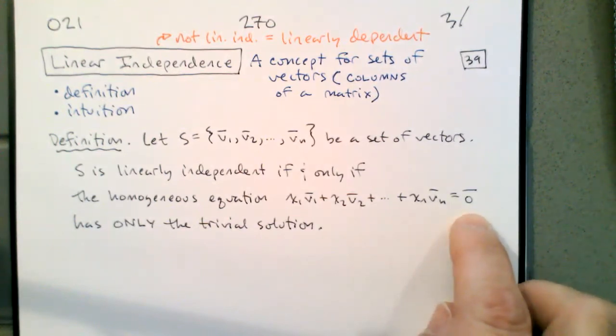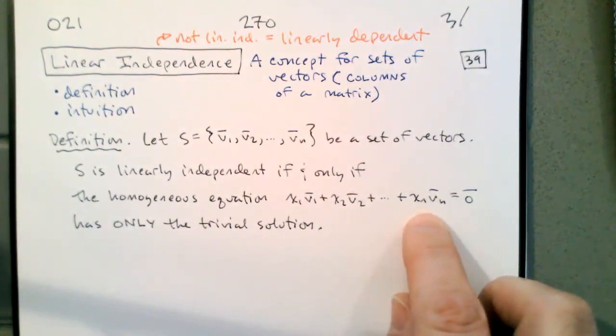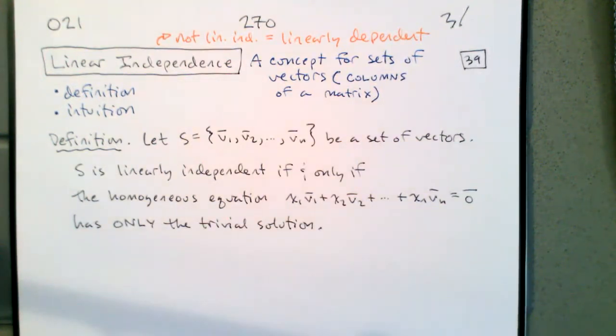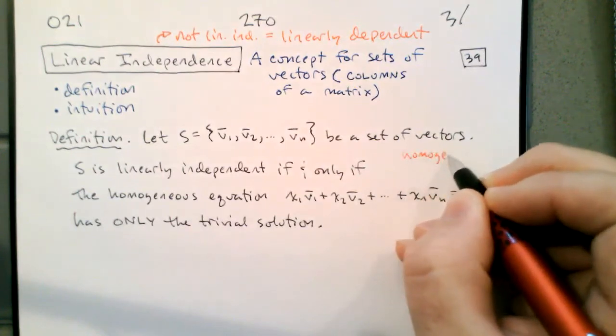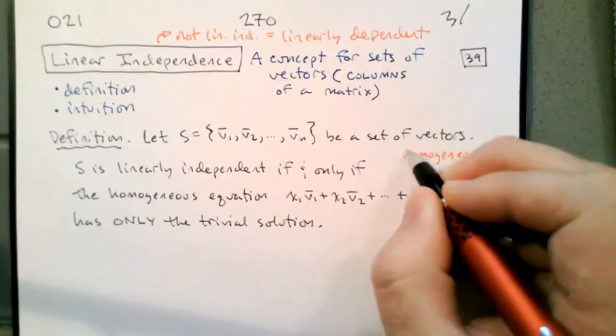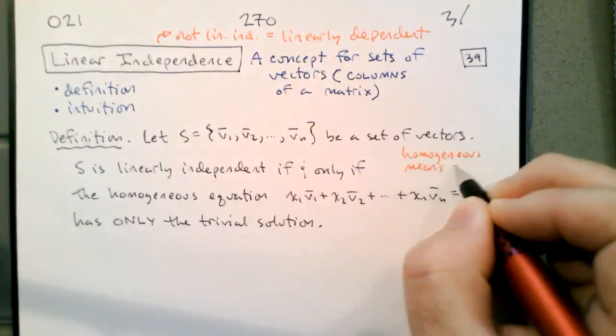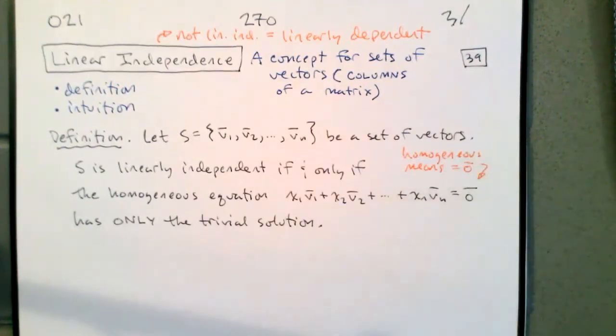The only way to get the 0 vector by combining the vectors in the set is to make all the weights 0. And this equation has only the trivial solution.